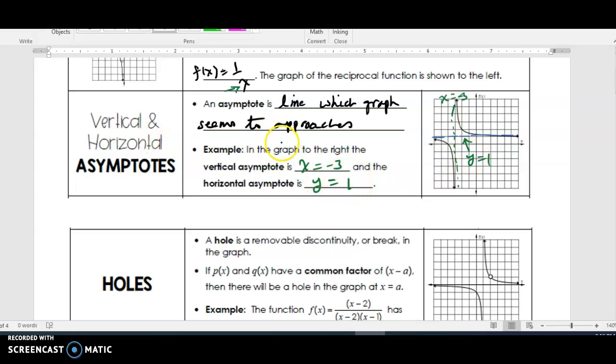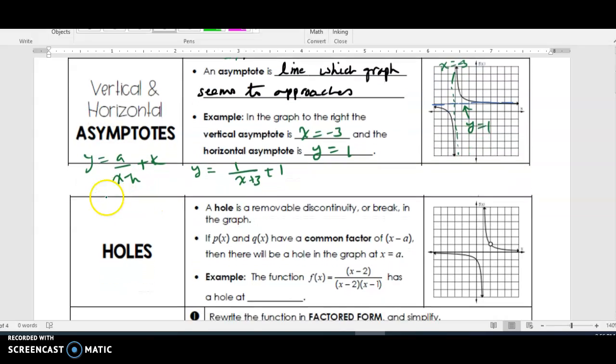So in addition to these things, why is this coming? If you assume that the stretch factor is 1, then the rational function here would be 1 over x plus 3, plus 1. This is how the rational function looks for this particular graph, because it's of the form a over x minus h plus k.